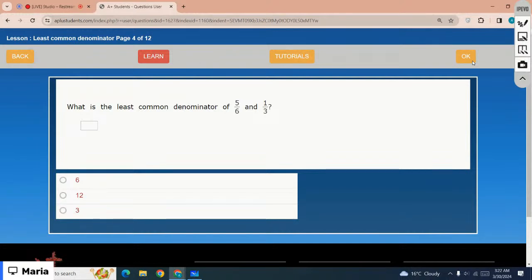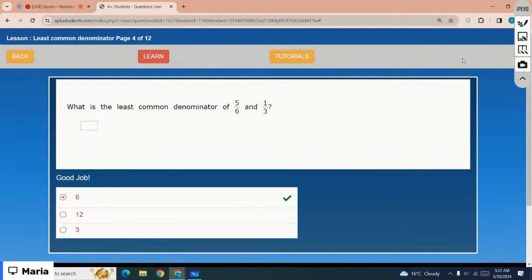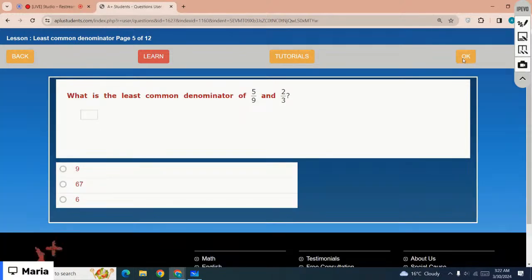The correct option is 6. 6 is the least common denominator. Very good. Okay, the next one is, what is the least common denominator of 5 by 9 and 2 by 3? So, which is the correct option?